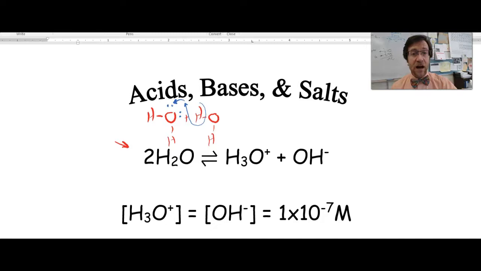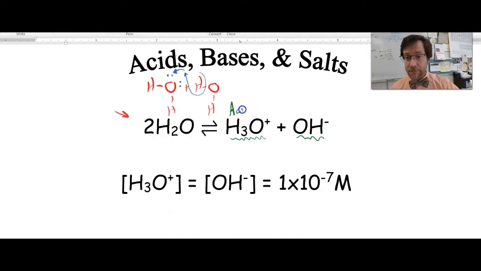What we end up with as a result is this ion, which is called the hydronium ion, and this ion, which is called the hydroxide ion. Now, it just so happens that every single thing about acid comes from this ion right here, and every single thing that comes from basic solutions comes from this ion, and they're both there in water.